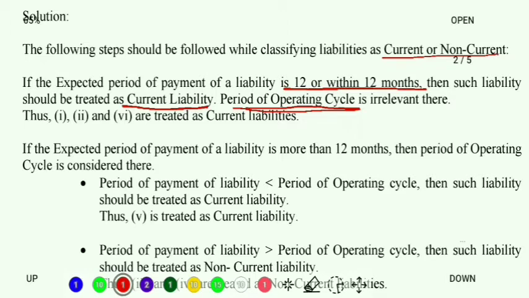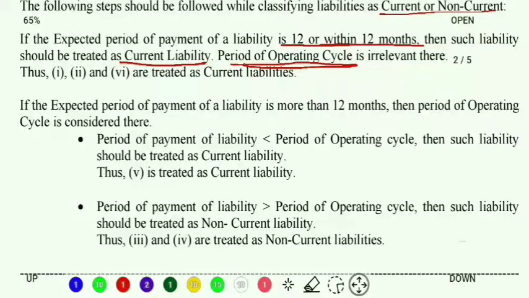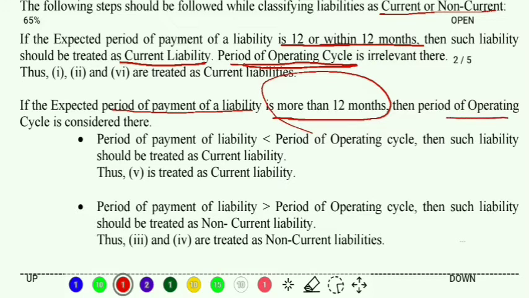Now talking about step number 2, in case we see that the expected period of payment of the liability is more than 12 months, then we are going to consider the operating cycle. How are we going to consider the operating cycle? We are going to compare both the data.